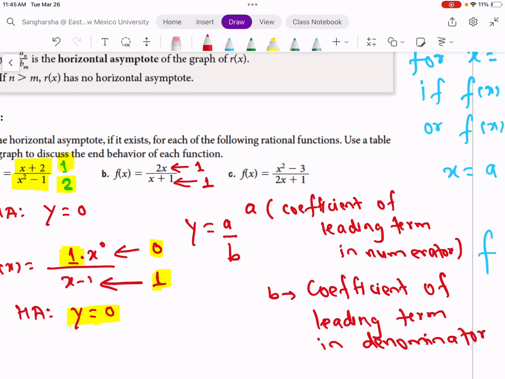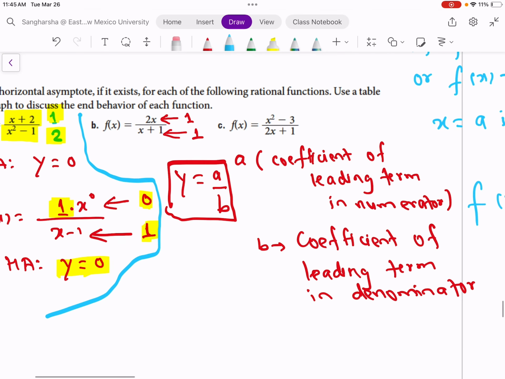So this is our horizontal asymptote, y equals a over b. a is the coefficient of the leading term in the numerator and b is the coefficient of the leading term in the denominator. Now here, what does it mean by leading term? The leading term is the term with the highest exponent.